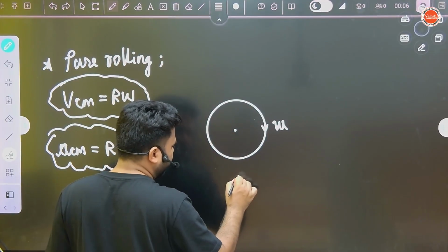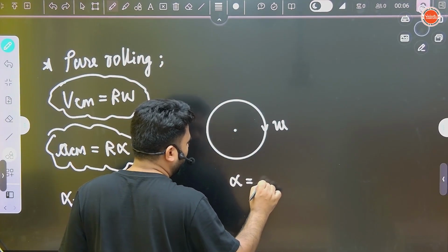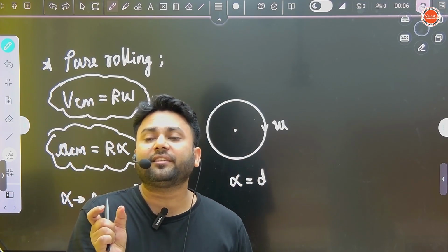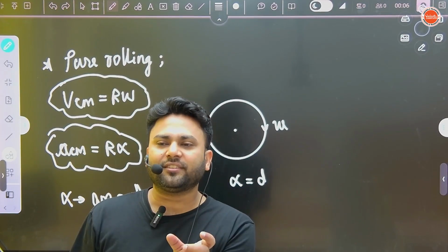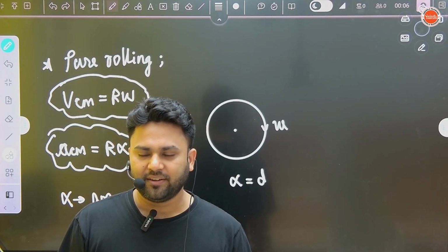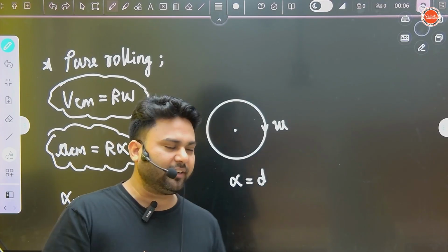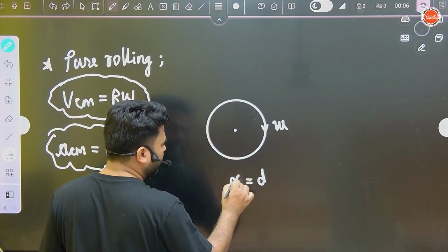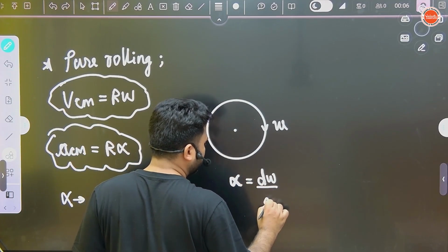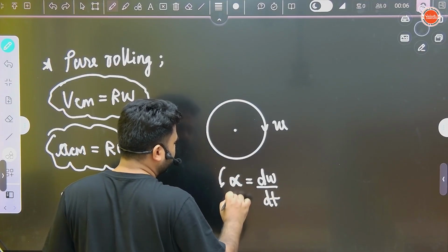So we define angular acceleration. Just like we define normal acceleration as dv by dt, change in speed divided by time, similarly we define angular acceleration as d omega by dt: how much angular speed is changing in how much time.